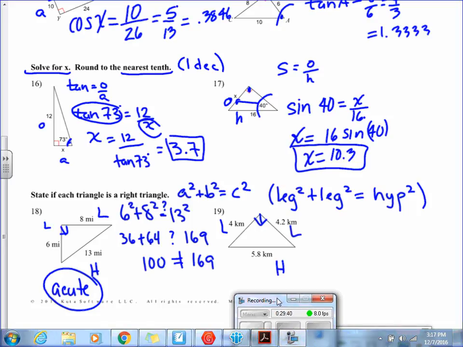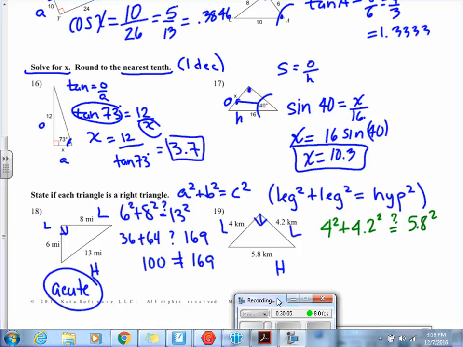Okay, here is the last problem on this page. I'm going to change the colors up just to help distinguish the two different problems. So I have 4 squared plus 4.2 squared, and instead of putting an equal sign there, I'm going to put a question mark. I want to know if that equals 5.8 squared.